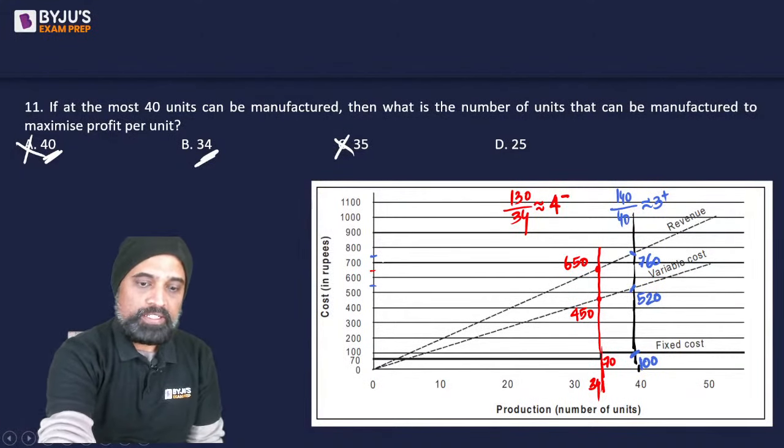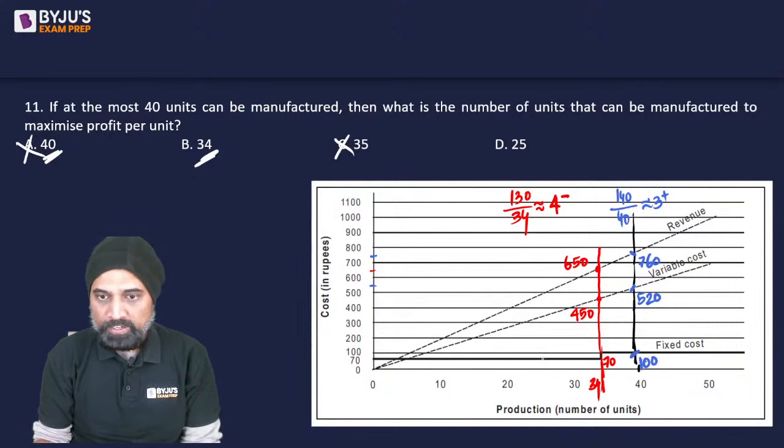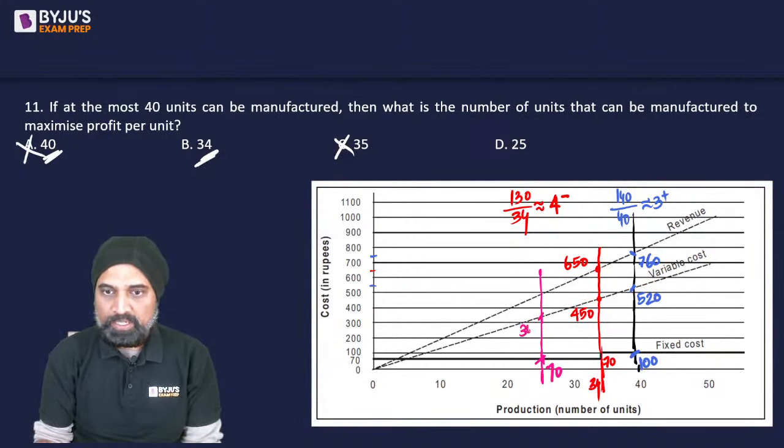So if you look at 25, 25 is here. 70 is the fixed cost. Variable cost is between 300 and 350, a little less than 350. 340. And the revenue is very close to 500.